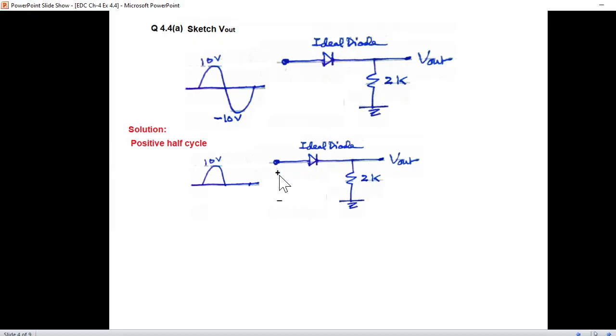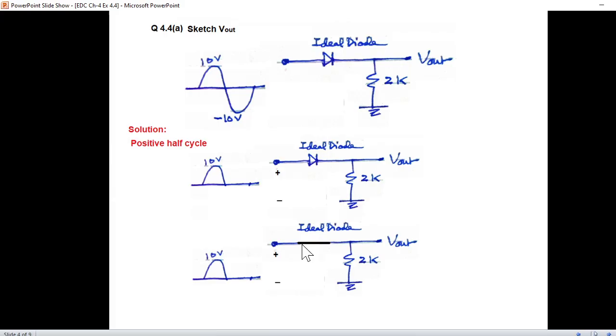If the positive of the battery touches the positive of the diode, it will become forward bias. In case of an ideal diode, it will be represented just by a straight line, like shown here.